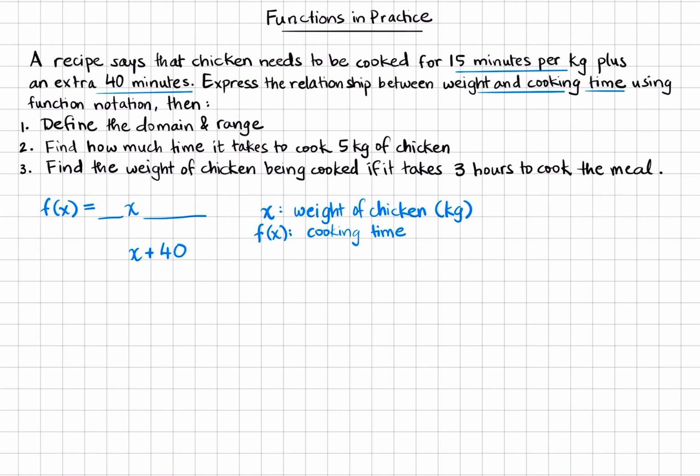If I have 2 kilograms, I'm doing 2 multiplied by 15 to get 30 minutes. If it's 3, 3 multiplied by 15, and so on. So the way I'll write it is 15x, as in 15 multiplied by x, plus 40. So my function looks like this: f of x equals 15x plus 40.